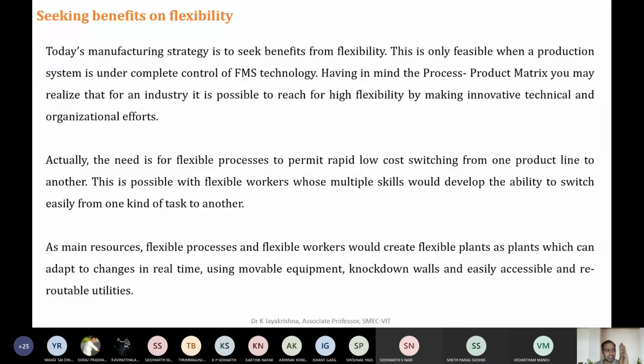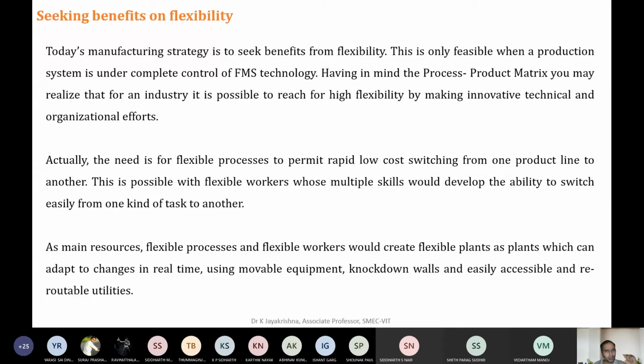Say for example, let's list the processes, and let's list the machines. More products should be manufactured using a limited number of processes, because the more processes, the more complex your shop floor is.